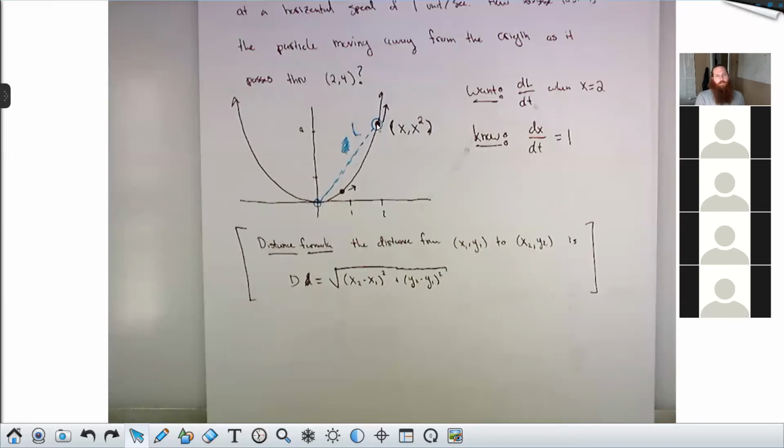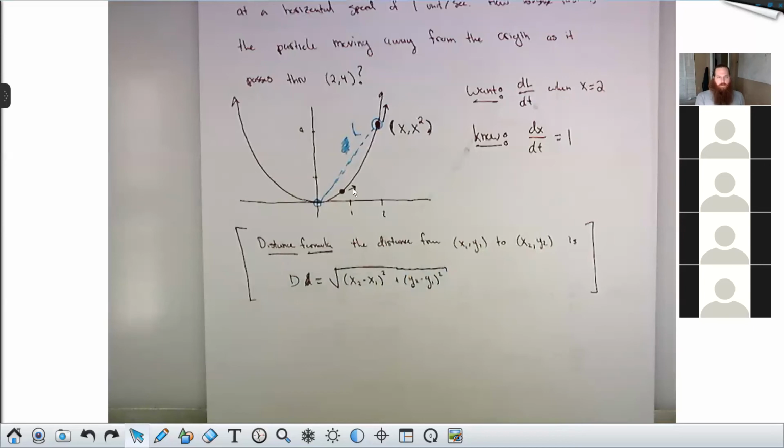Here, this point is moving along this curve. While the distance formula is a consequence of facts about right triangles, the problem overall here is quite different.